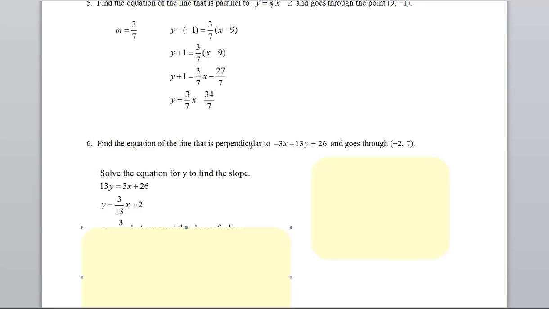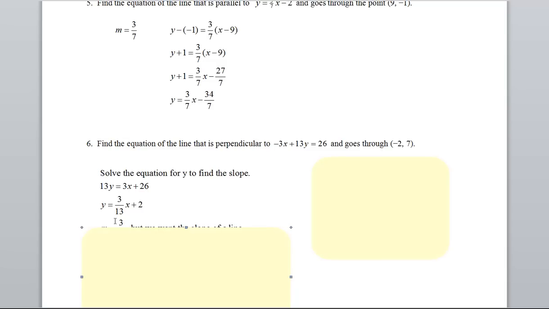They use the word perpendicular, not parallel. If it's perpendicular, the slopes of the two lines, when multiplied, have to give you a -1. So if this is 3/13, if I need a -1 when I multiply the other slope, my other one's going to have to be a negative. But for me to get a 1, I got to flip this.